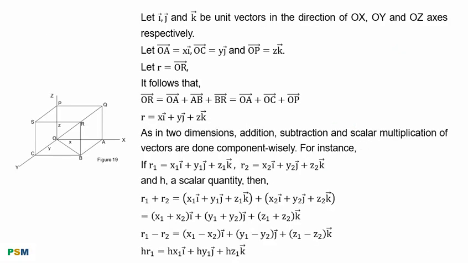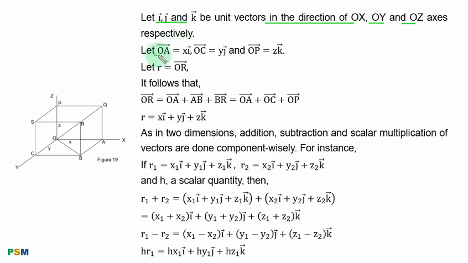In this lesson, we are considering components of a vector in 3 dimensions, and so we also have 3 unit vectors i, j, and k in the direction of the OX, OY, and OZ axes respectively.